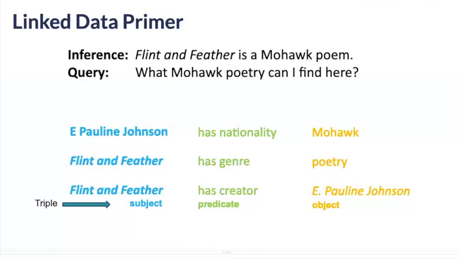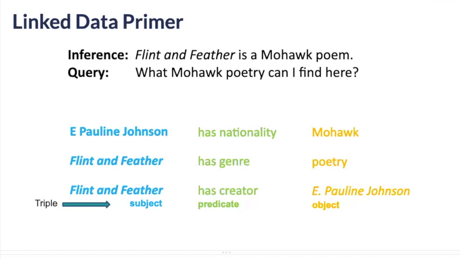Linked data is also useful for inferencing. Nowhere in these three triples, which are in our imagined giant triple store, do we have an official statement that says that Flint and Feather is a Mohawk poem.